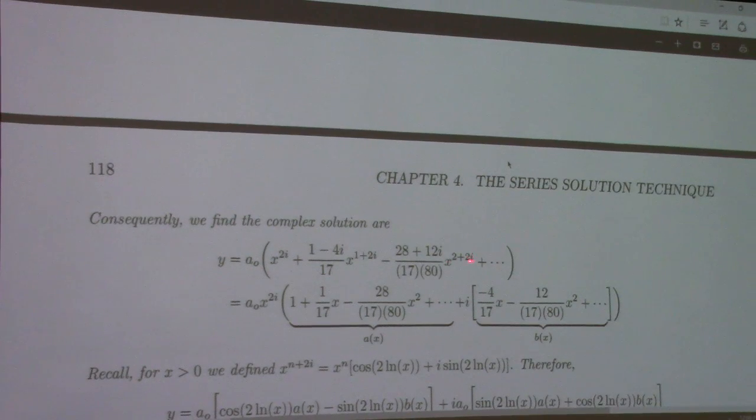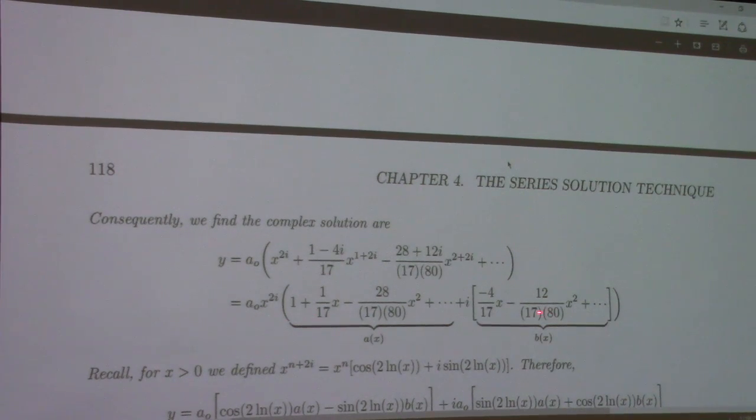This one, again, x squared times x to the 2i, which brings me this x squared times 28 over 17 times 80. Then I'll collect the i terms. So like here ix minus 4, so there's the minus 4x over 17 and the multiplication by i. Over here, again, that should be a 24, so minus 24 over 17 times 80, the x squared. I've brought out the i here, and of course I factored the x to the 2i out there.